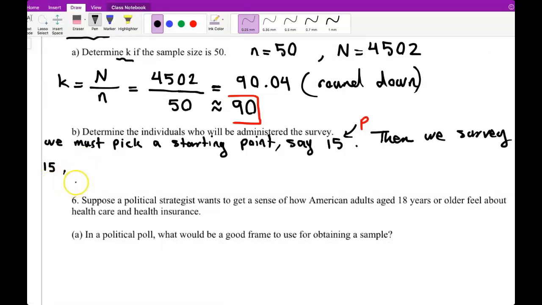Then after that, we have 15 plus k. So P plus k. k is 90. Adding these two, we have 105. Now 105 plus 90.